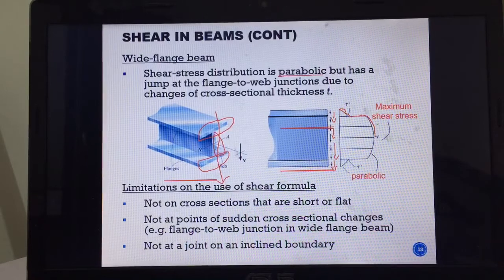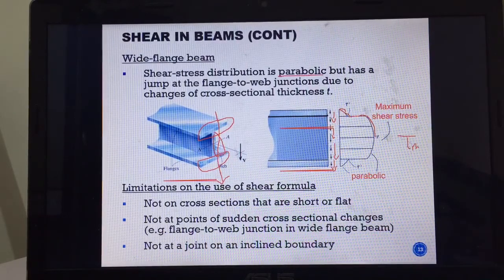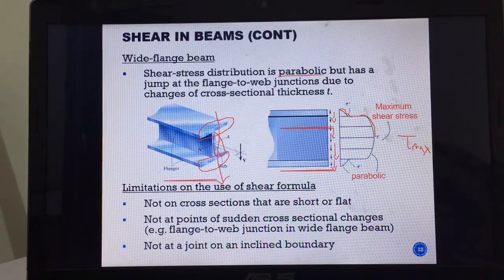So the tau max will occur at the neutral axis, and then it will reduce again, and then there is a sudden jump again, and then it becomes 0.